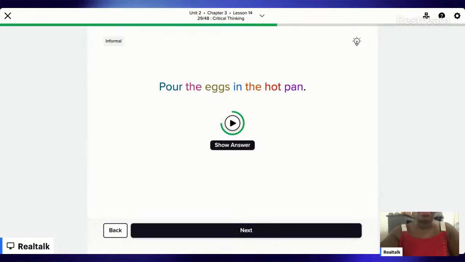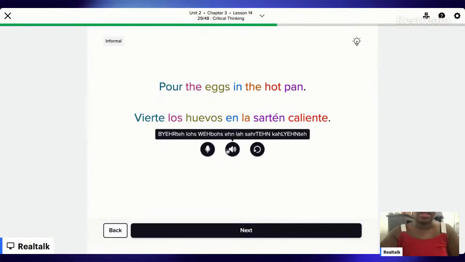I forgot to say pour the eggs in, how do you say pan? I forgot to say pan. In the pan, caliente. Vierte los huevos en la sartén caliente.